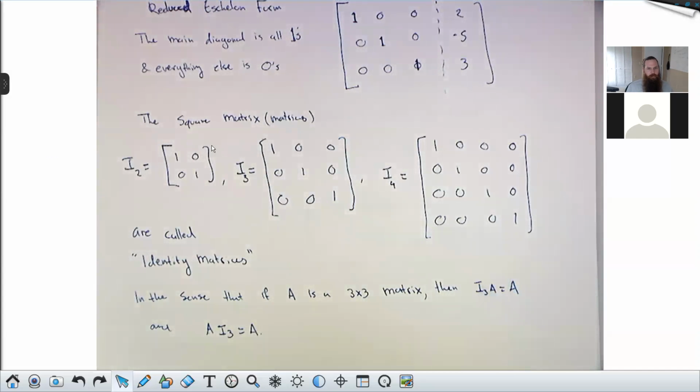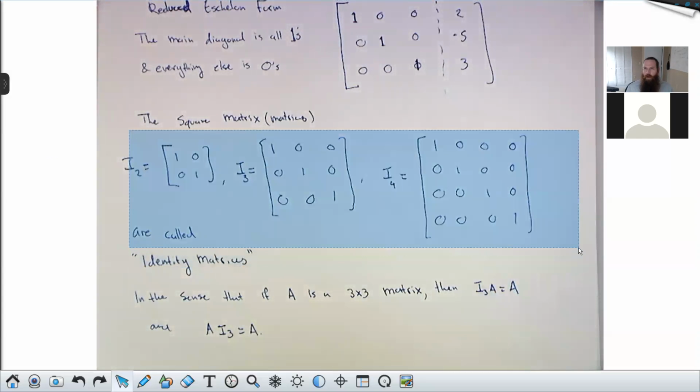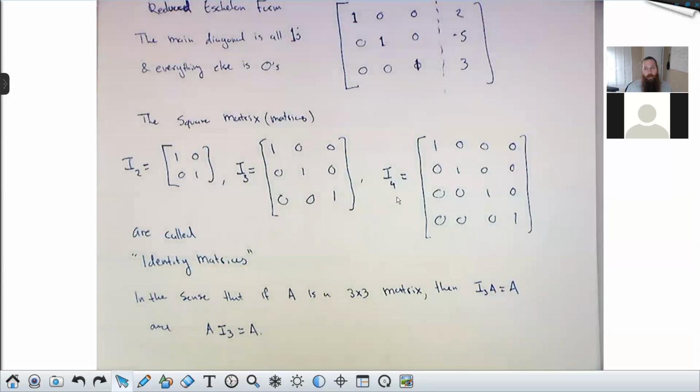In other words, these matrices correspond with the number 1, right? These are like the matrix versions of the number 1. So if you multiply any number by 1, you get that number back. If you multiply a matrix by an identity matrix, you get that matrix back.